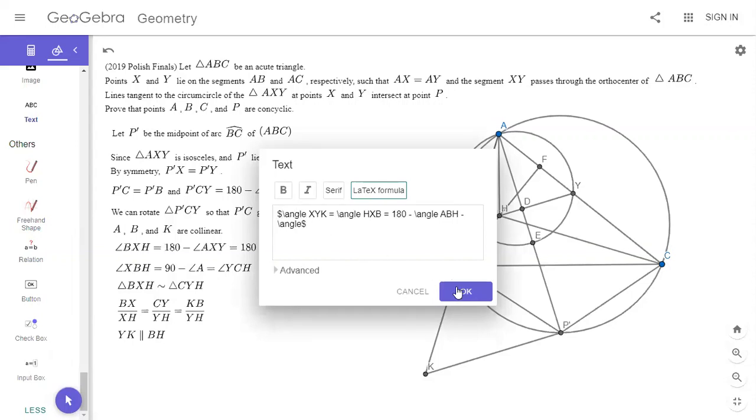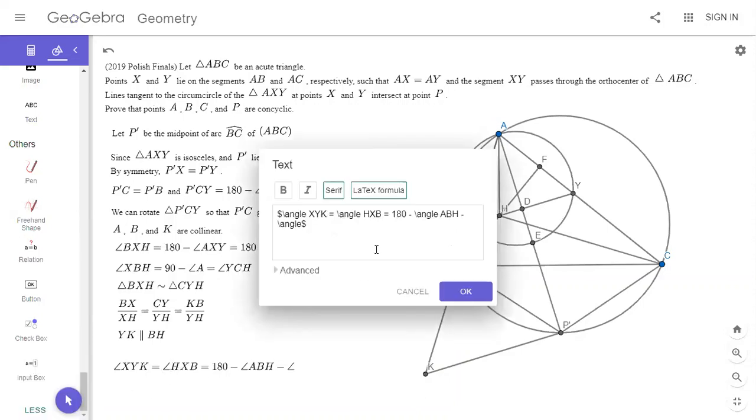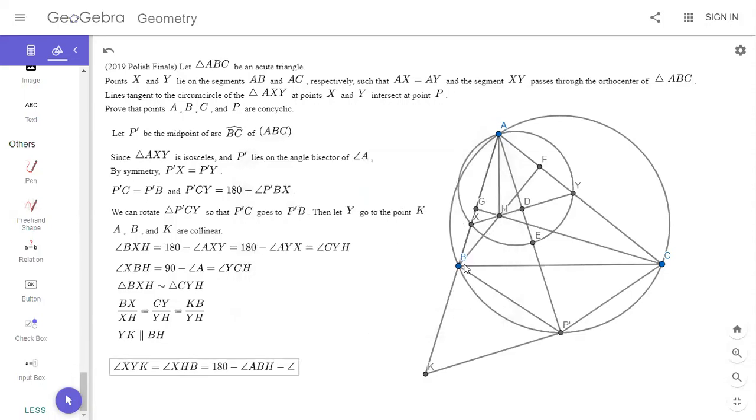Let's see. So XYK is that should be XHB. One sec, I see the chat. Just gonna wait till it's finished. It's 180 minus ABH minus HXB.